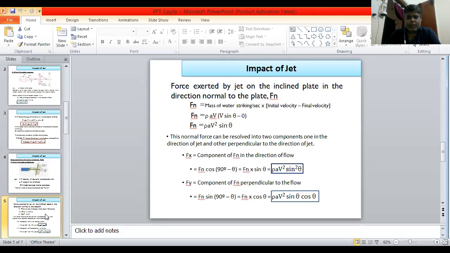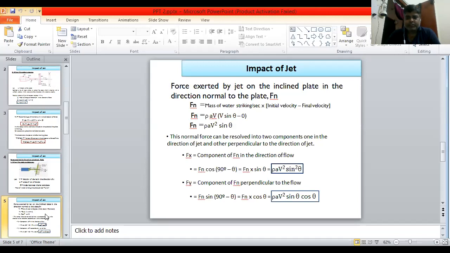Now, this normal force can be resolved into two components, as we have discussed earlier: one in the direction of the jet and the other perpendicular to the direction of the jet. That means Fx is equal to the component of Fn in the direction of flow, that is Fx is equal to Fn cos (90 minus theta), which is equal to Fn into sin theta, which gives Fx equal to rho a v squared sin squared theta.